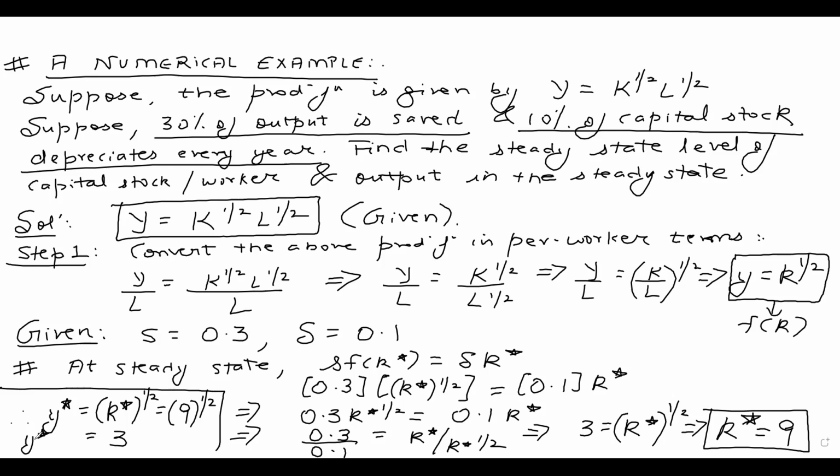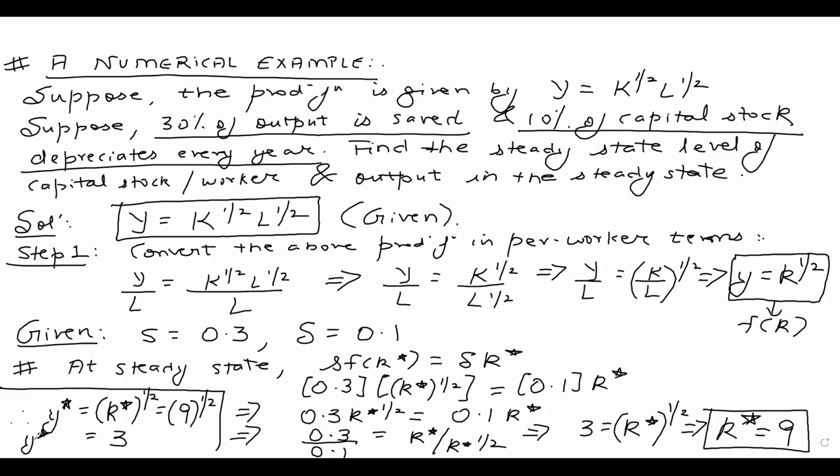So I hope all students have understood this numerical example. We were given the production function, the savings rate, and the depreciation rate. How will we find the steady state level of capital stock per worker? First, convert the given production function into per worker terms.